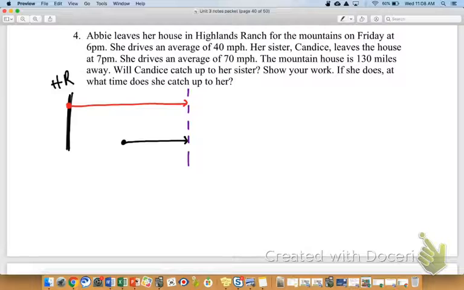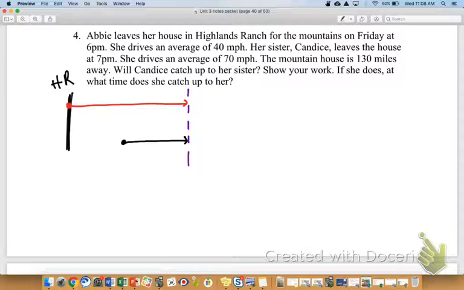So I don't know. Did you have any drawing like that, where somebody is getting a head start, and then the person who didn't get the head start might catch up to them? Does that make sense? Why on earth would Candace even have a chance to catch up to Abby? She's going 20 miles faster. She's going faster. Is it 20 miles an hour? Yes. 30.